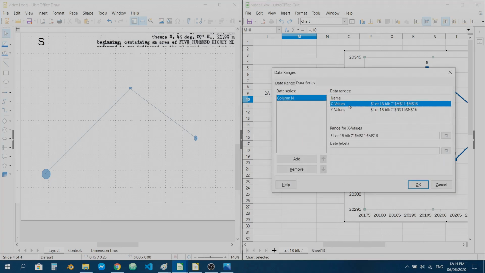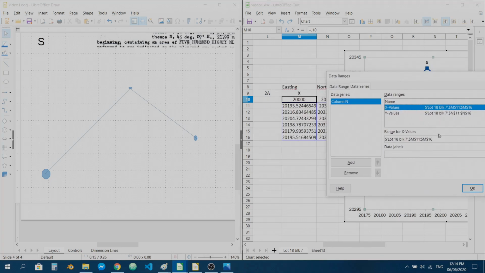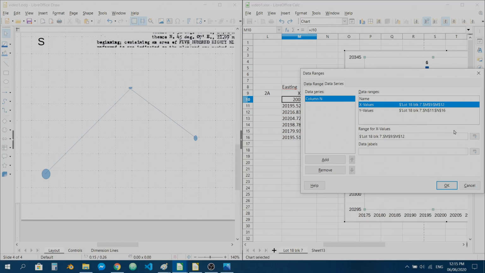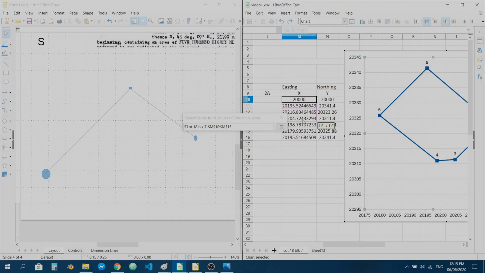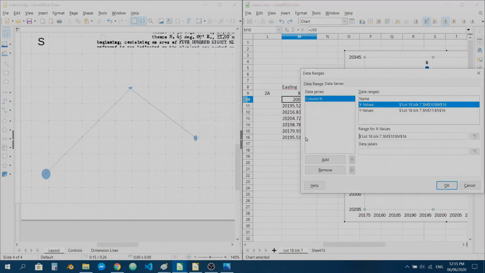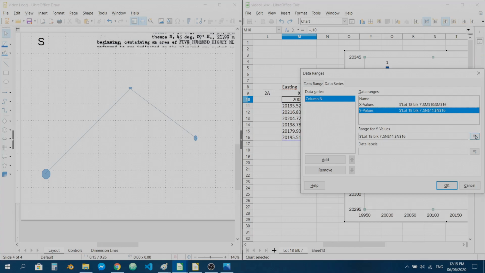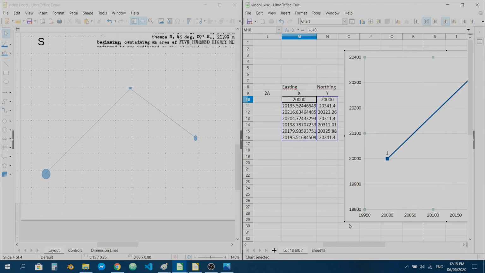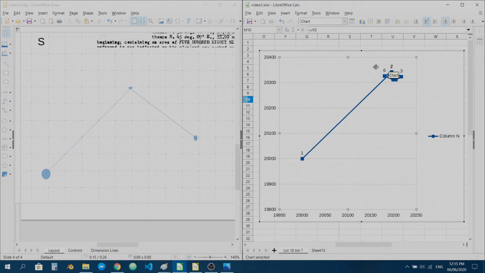Data range. So for the x value, okay, as you can see, napakaliit nito, no? Hindi natin makikita. So, we will not include sa pagpa-plot yung point 1.